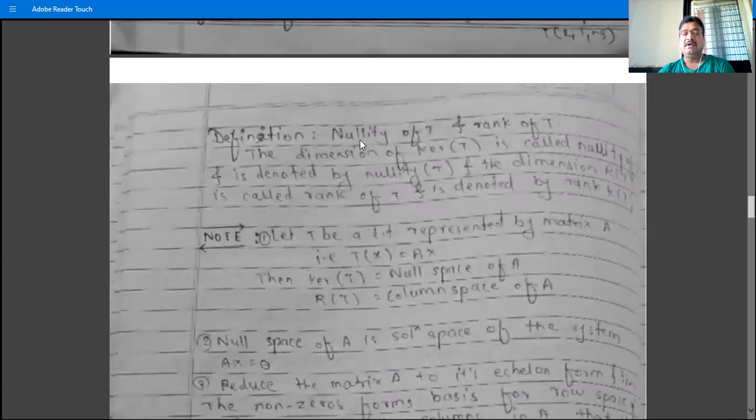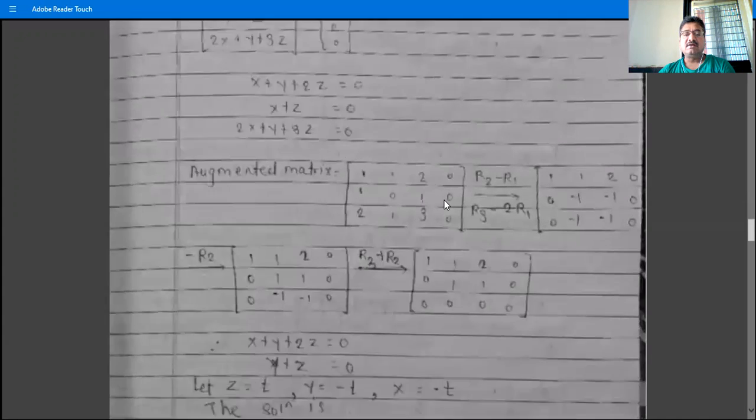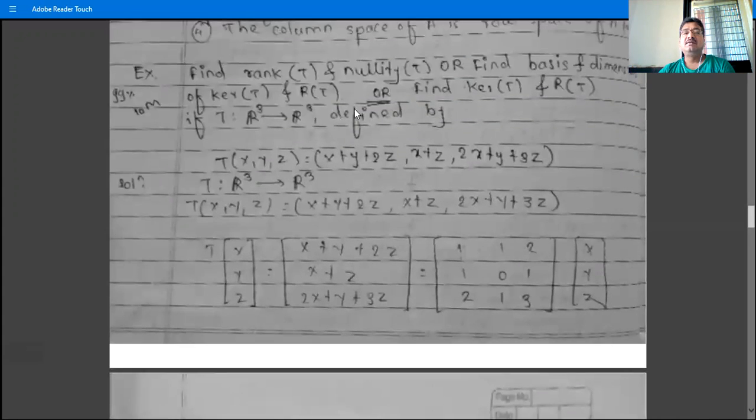Rank of T is the dimension of range of T, and nullity of T is the dimension of kernel of T. So to find rank and nullity of T, we have to find the dimension of range of T and kernel of T. And for that we have to find the basis for kernel of T and range of T.